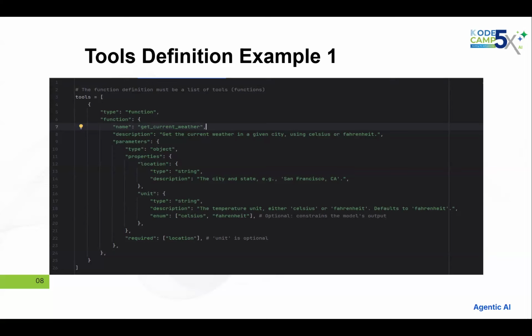Well, since the get current weather function already provides the capacity to give you the weather in the specific units, whether Celsius or Fahrenheit, it will be inefficient for the model to request Fahrenheit if what it really wants is Celsius.